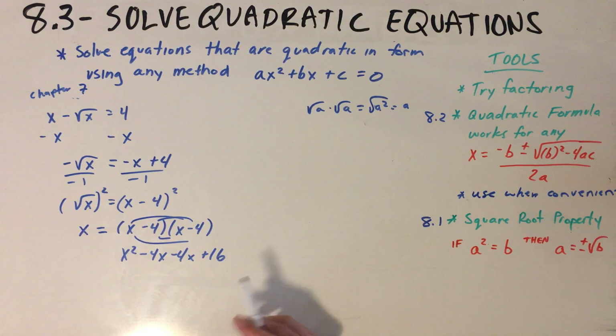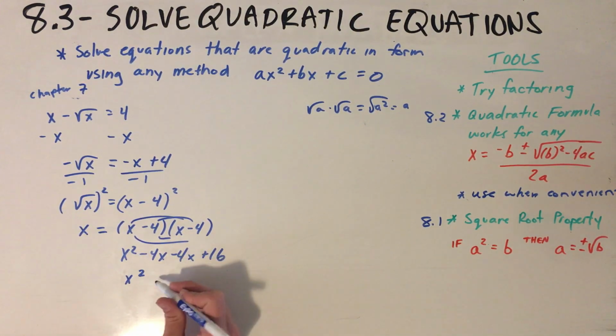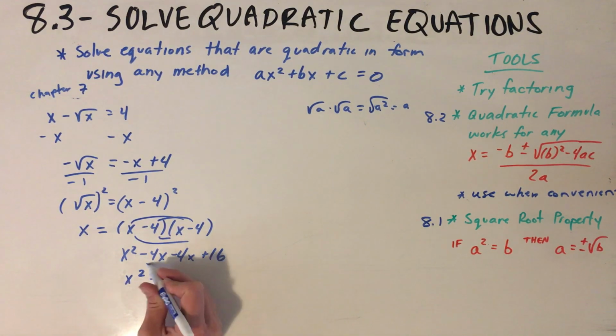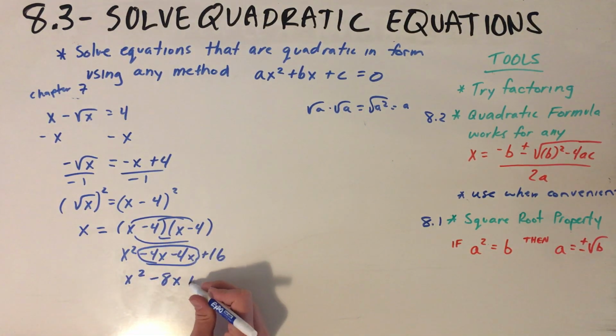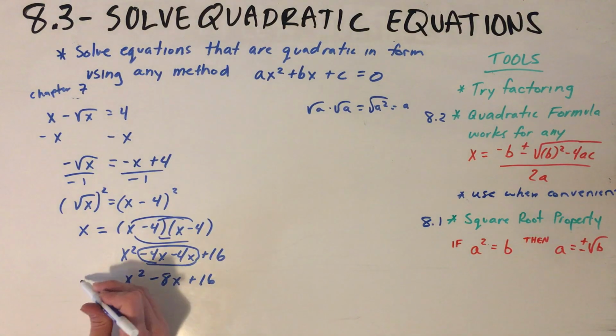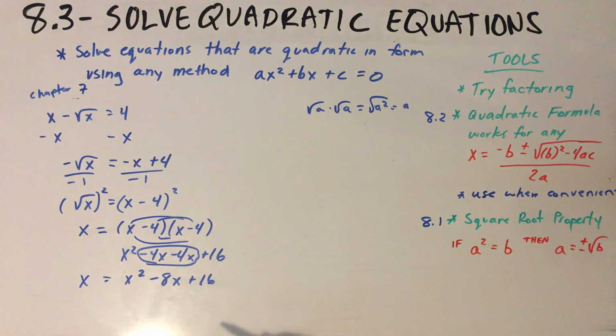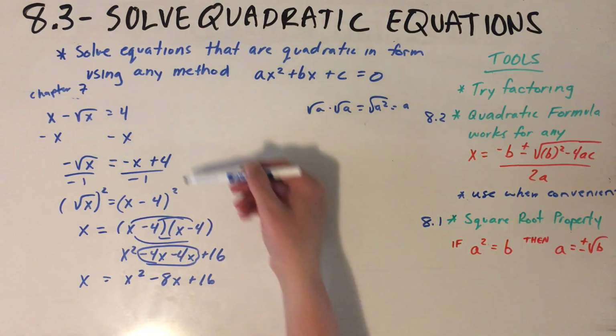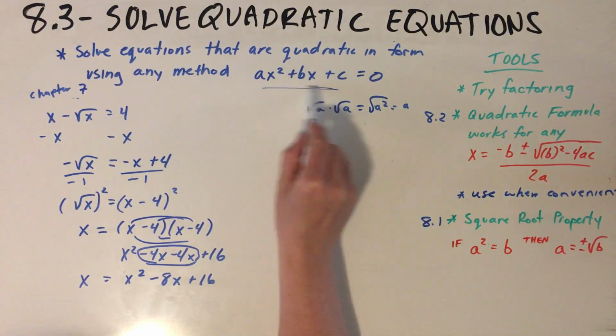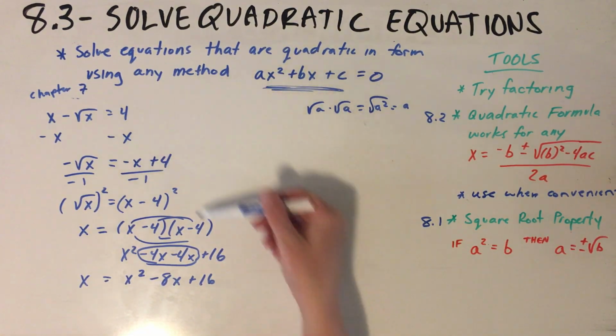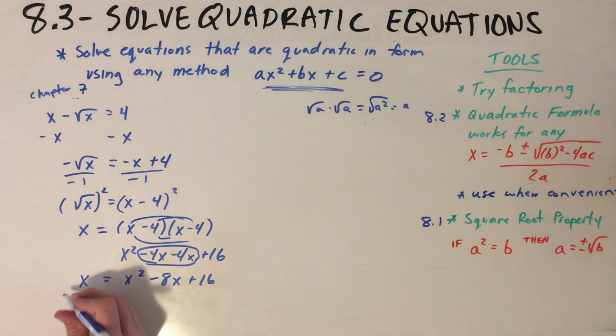When you FOIL a binomial squared, you get a perfect square trinomial. Okay, so combining these, we get negative 8x plus 16. But we still have this x over here that needs to be fixed. So you can see how, even though when it started out, it didn't look quadratic, as you go through and start to solve it, it does.